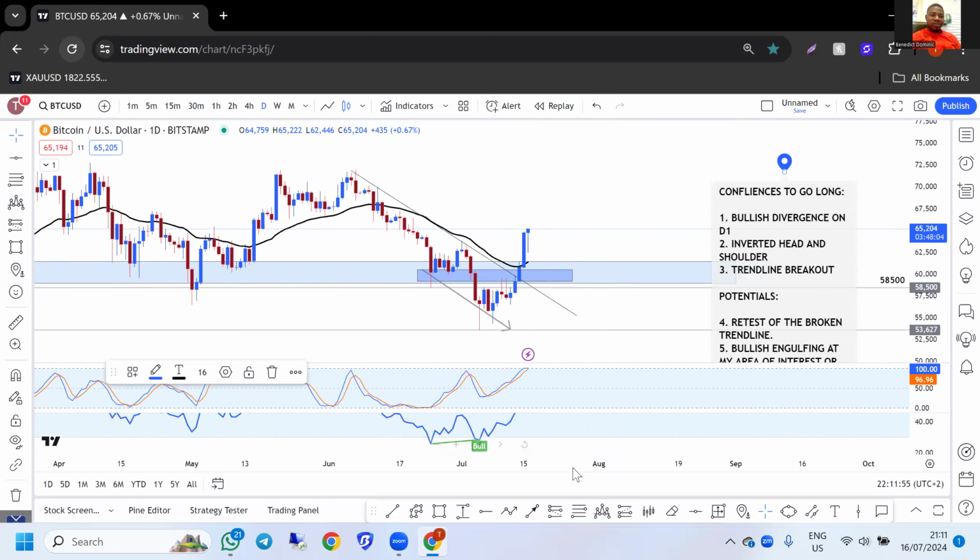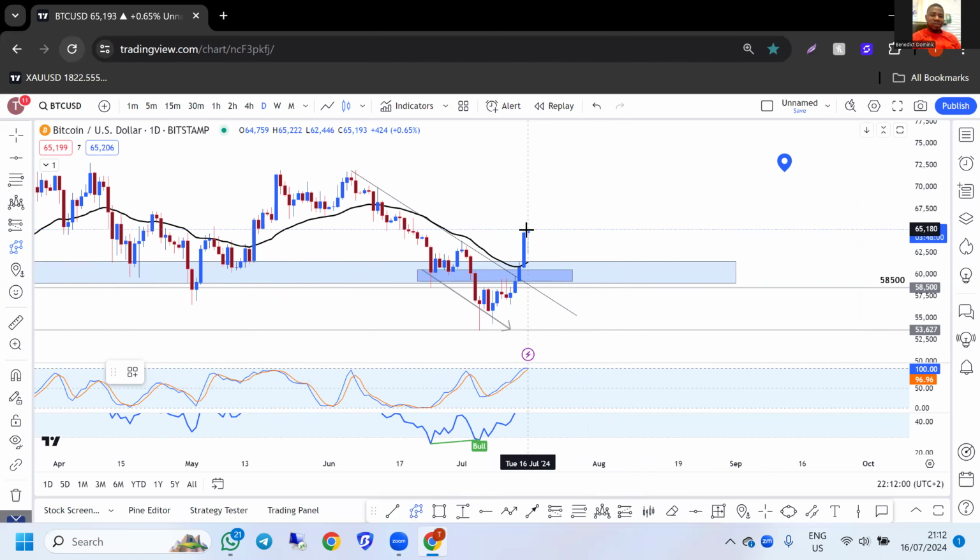So I will now expect this market on lower time frame to start forming a counter trend. Something like this. Okay, so whichever it happens is your business.